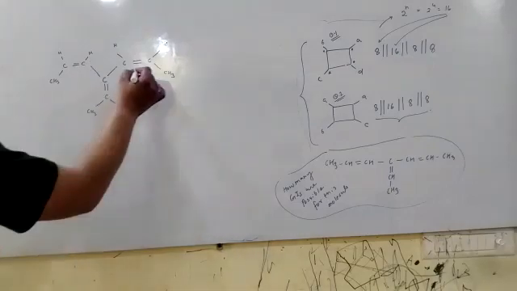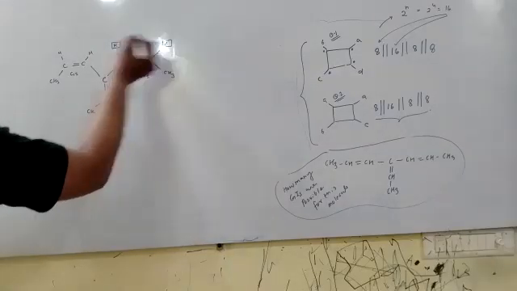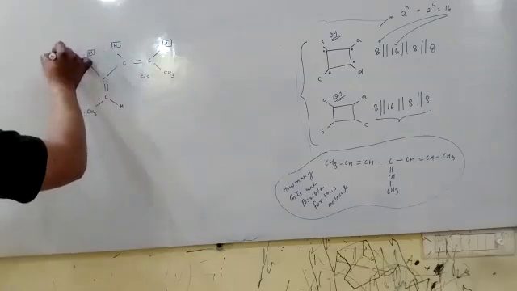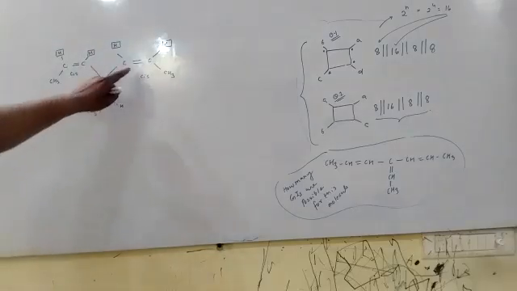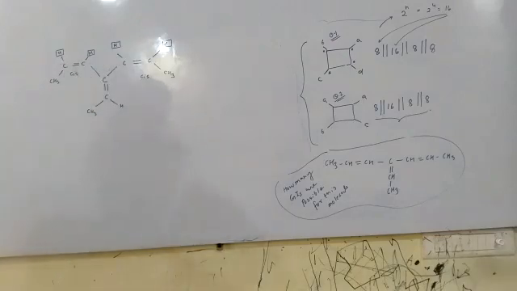Right now, this pi bond is cis. Yes or no? And this is also cis because both hydrogens are on the same side. If this is cis and cis, these will be the same valencies, so it will not show GI.